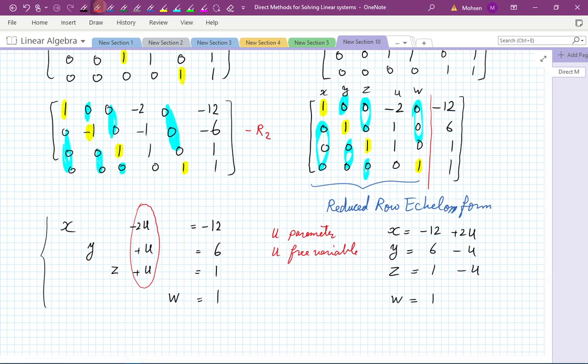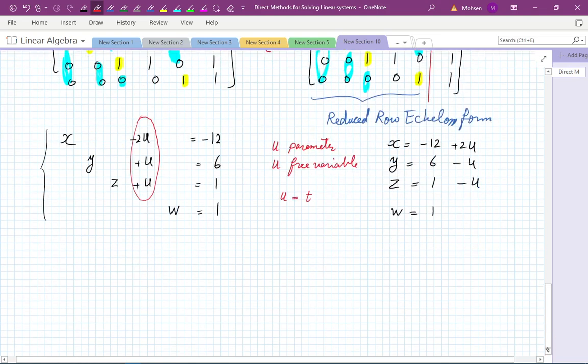Now in your textbook it insists that the parameters, we designate them with some special letters. Typically they keep T and S and such for that. Any letter other than the ones that you're using here is fine. So to follow the tradition in the text, I have one free parameter here. I might call this one as my T.